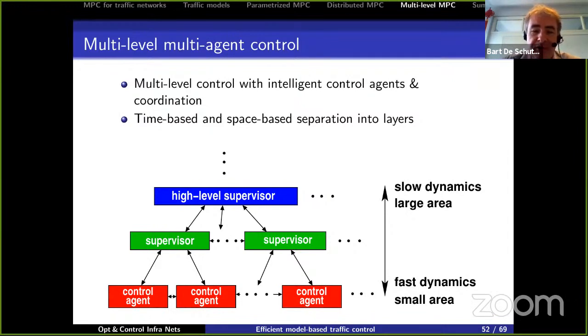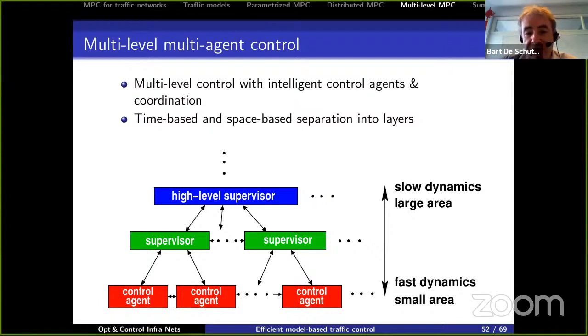In this type of models, typically we would define stability in a somewhat different way. One way could be that you want your queue lengths to stay bounded. That would be more practically relevant, rather than saying, for example, that all your queue lengths or all your number of vehicles go to zero, because then you would have essentially an empty network.